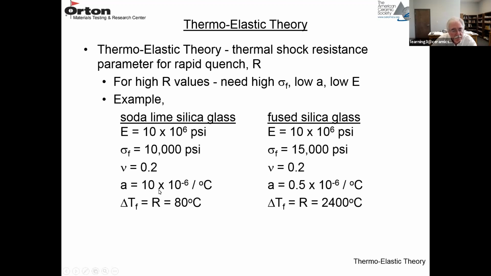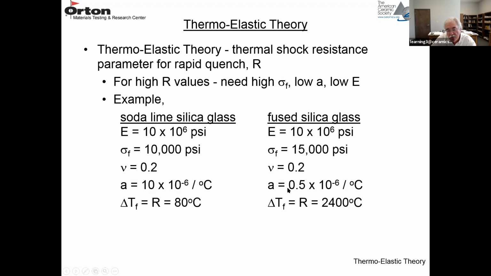But window glass is typical of most refractory oxides. It's 10 times 10 to the minus 6 per degree C for the coefficient of thermal expansion. But fused silica is about 20 times less. It's 0.5 times 10 to the minus 6. So it has a much lower thermal expansion coefficient.